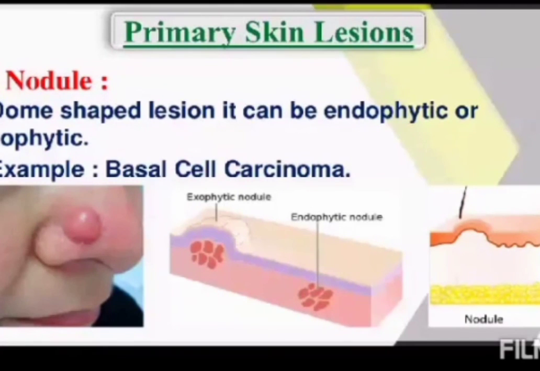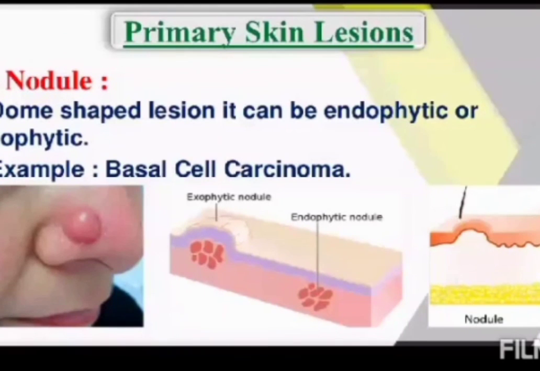It can be endophytic or exophytic in nature. Endophytic means it may be of bacterial or fungal origin that may persist within one area of the body. But exophytic means it may not be of bacterial or viral origin, but it may have a tendency to spread from one area to another, and it may have a cancerous origin too.